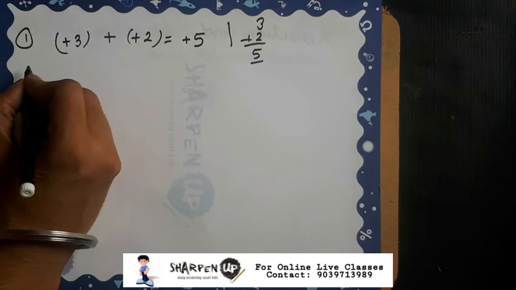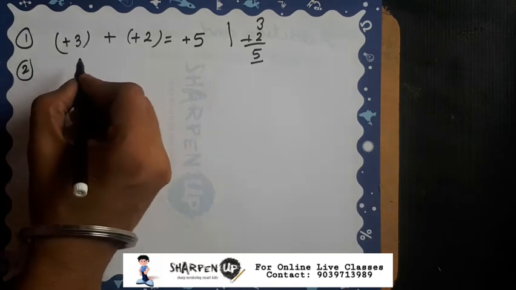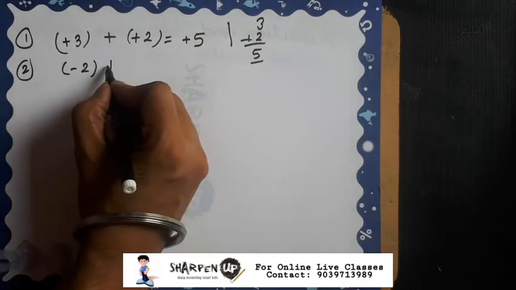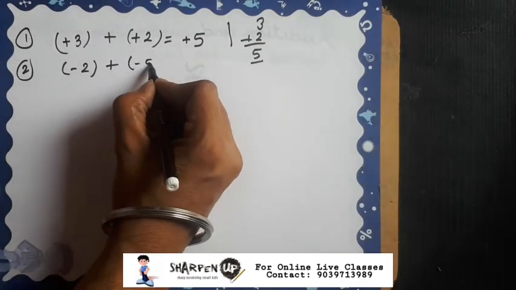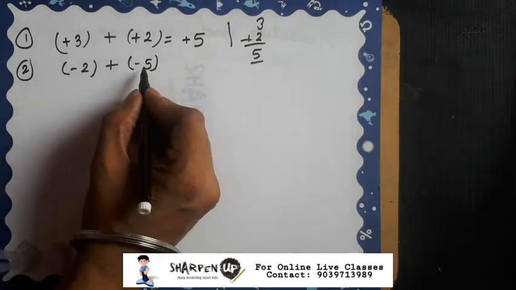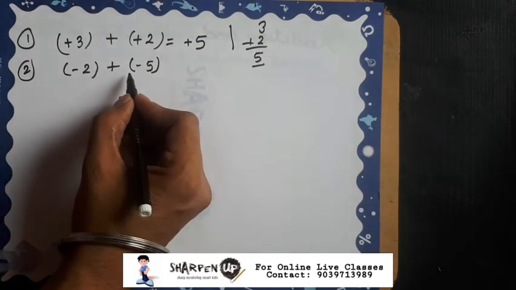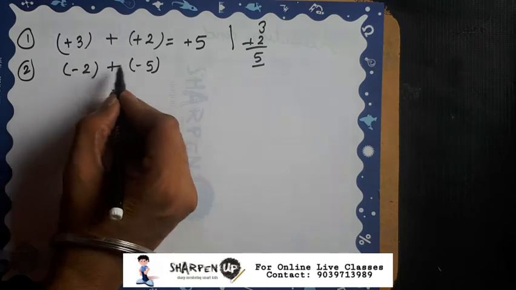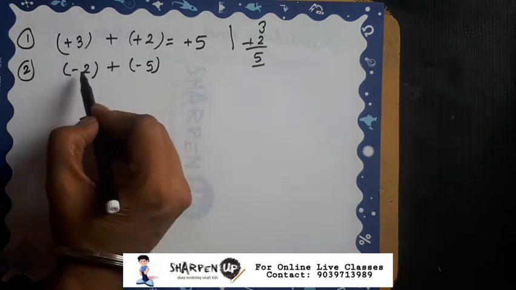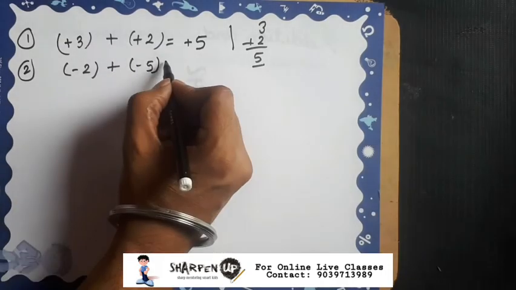Let's take another example. Suppose we are adding two integers of negative sign: minus 2 and minus 5. According to our rule, when we add two integers of the same sign, no matter if they are positive or negative, they are always added.